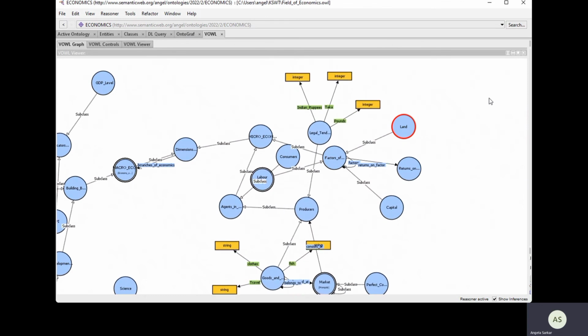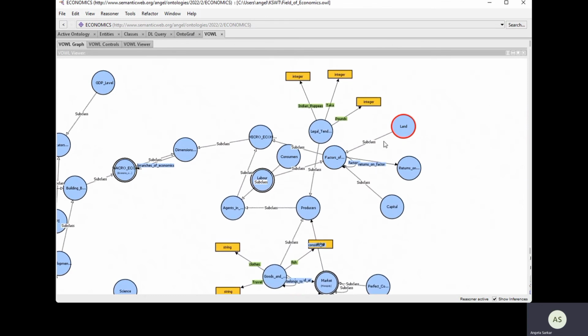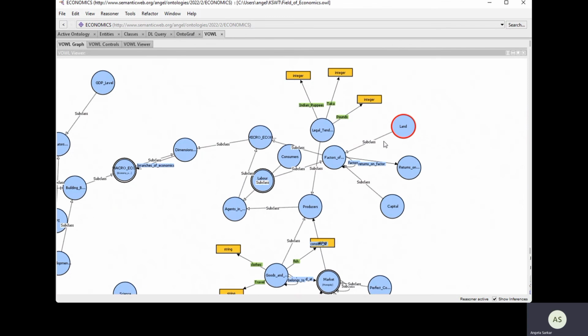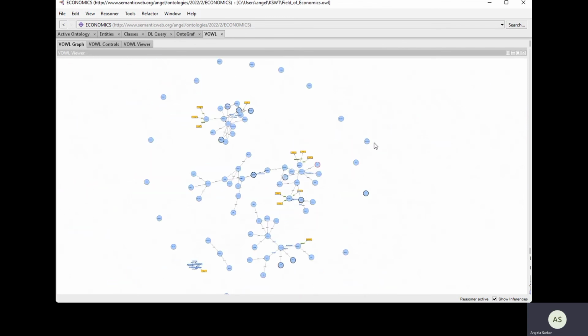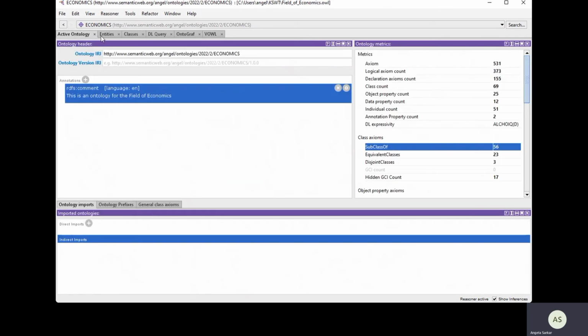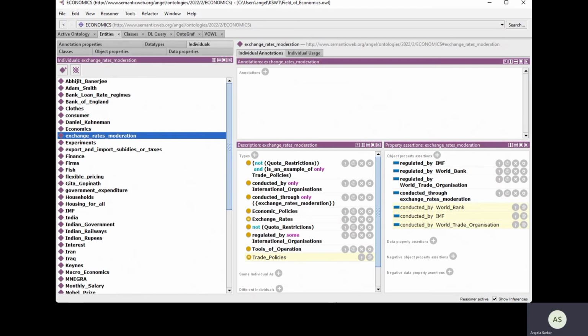So all of this is given, and it's showing an ontological description of the entire ontology in a graphical, dynamic manner. So yes, that is all about this ontology. I will also show where we have given this one.